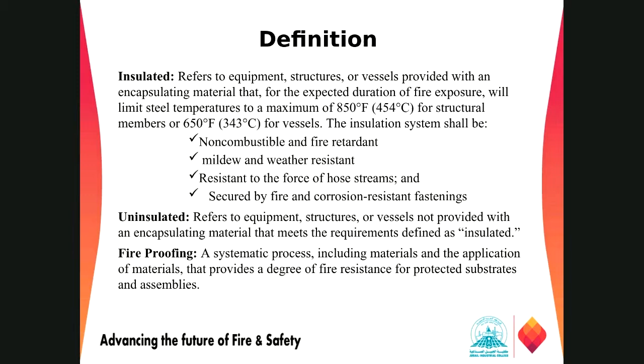Now, normally, if you are working in the process industry, we have insulation and fireproofing for some of the equipment, right? If you are working in industries where we are storing pentane or butane or maybe propane, those are highly flammable gas liquids.